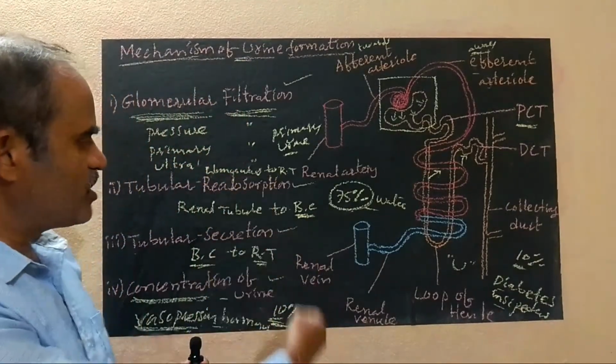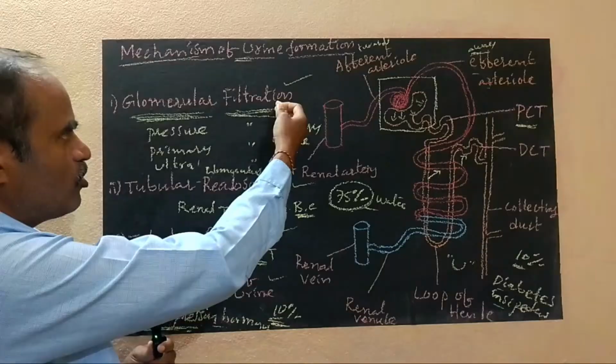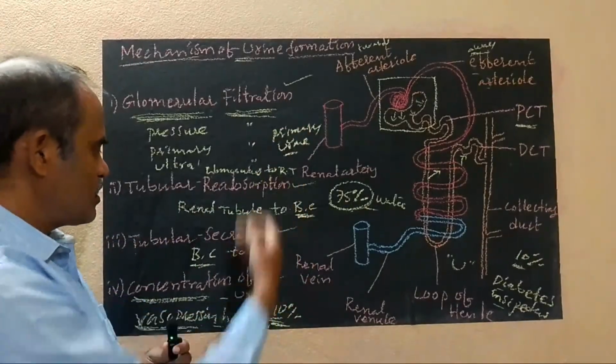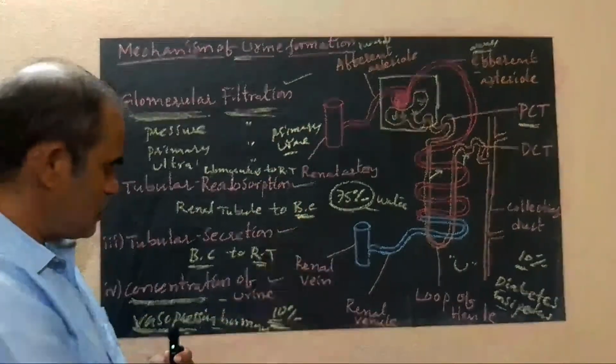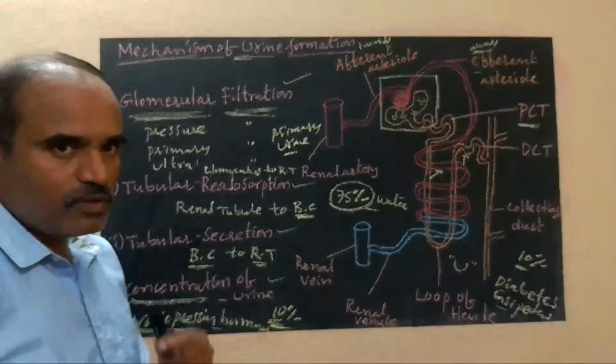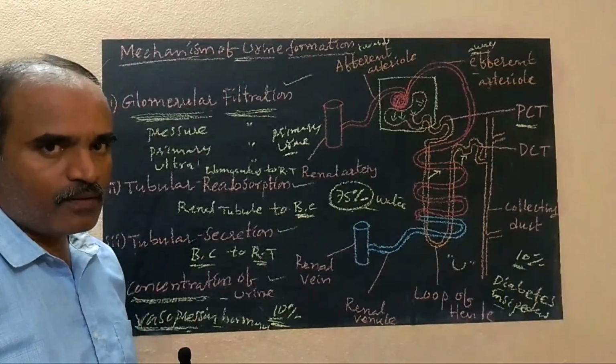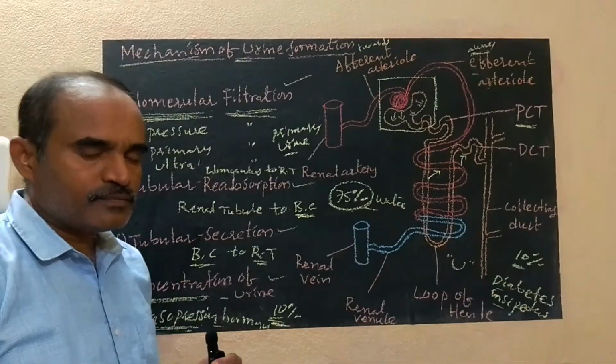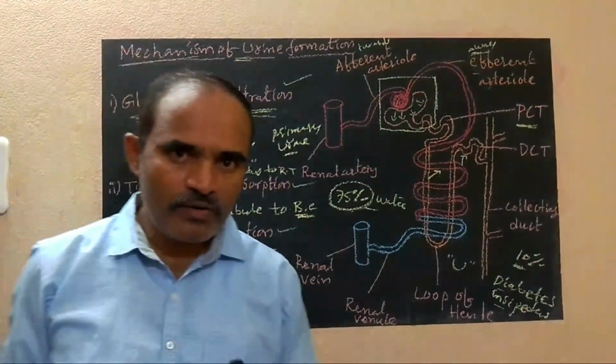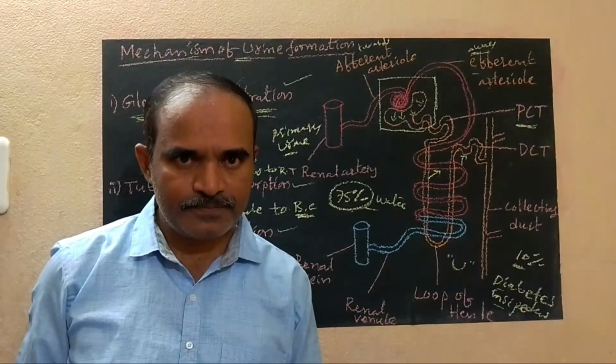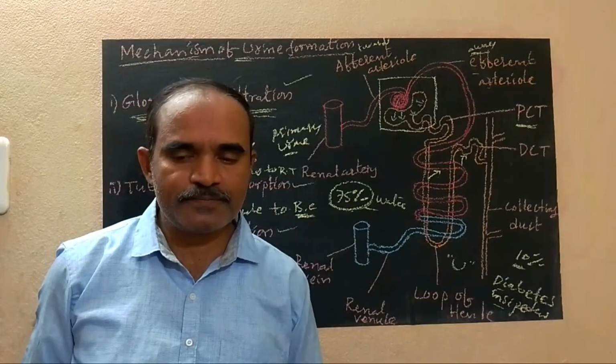So how many stages are there? Four stages: glomerular filtration, tubular reabsorption, tubular secretion, and concentration of urine.